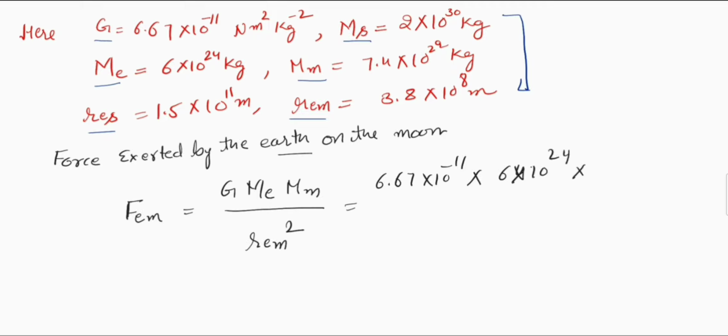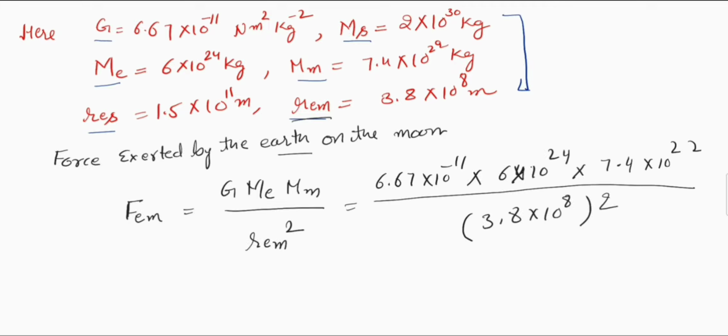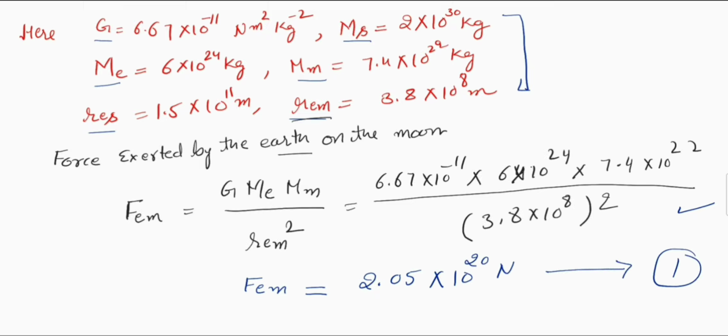The mass of the moon is equal to 7.4 into 10 raised to power 22 divided by REM, which is equal to 3.8 into 10 raised to power 8 whole square. If we solve all this, we'll get FEM is equal to 2.05 into 10 raised to power 20 Newton. So let me mark this as my equation number 1.